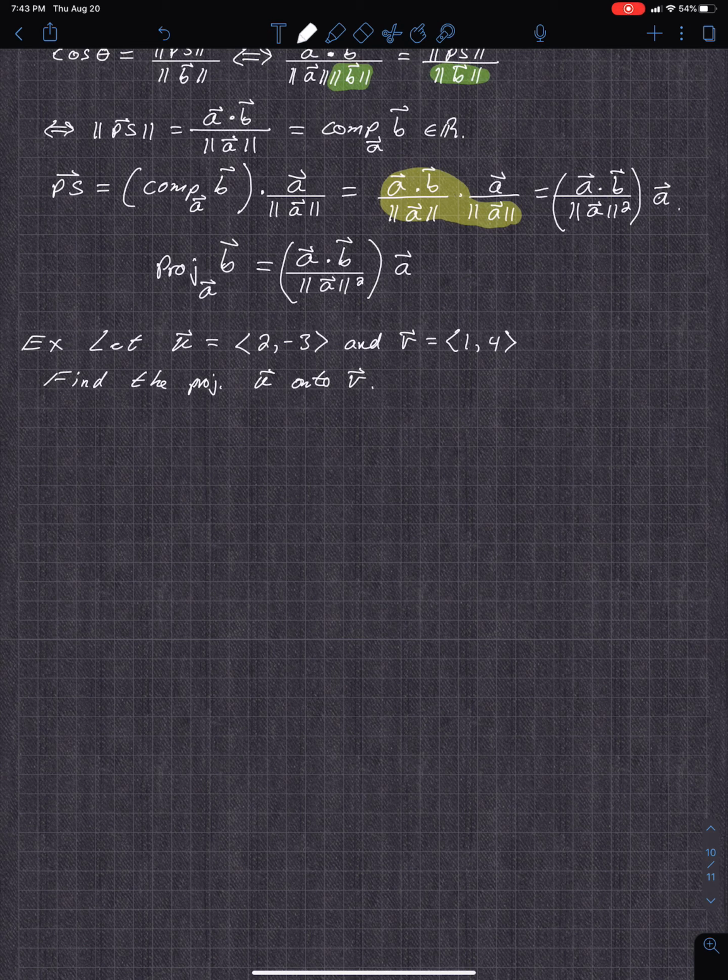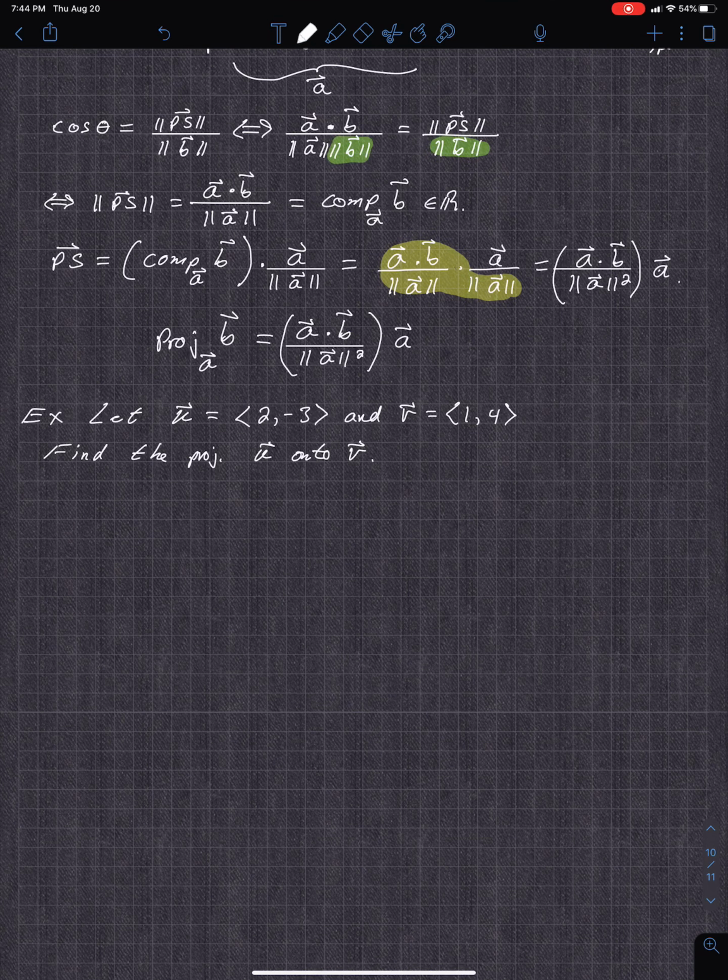So to do that, we basically apply that formula, and it has to be the right order. We have to do a couple of things: the dot product and the magnitudes. So let's just do that. U dot V is equal to -10. We're going to need the magnitude of V, right? Because that's the order you need it.